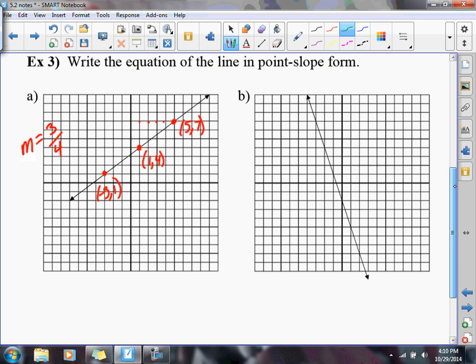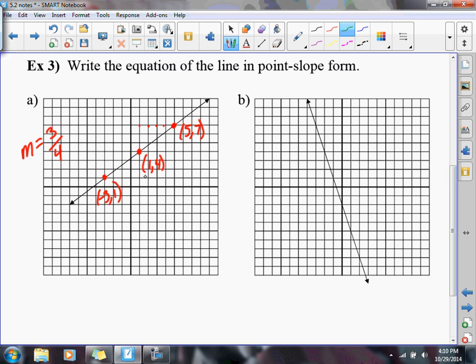So you just need to pick a point. I'm just going to pick 1, 4 just because it's nice, small numbers. They're easy to work with. They're positive. I don't have to worry about negatives. And then I'm going to use my slope. So y minus my y value, which is 4, equals my slope 3/4 times x minus my x value, which was 1.